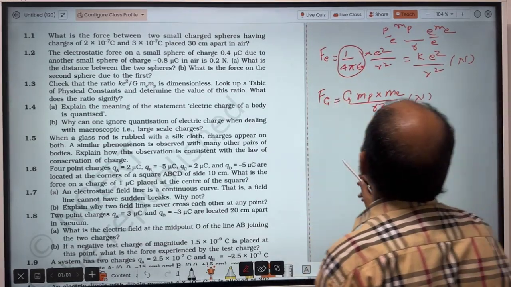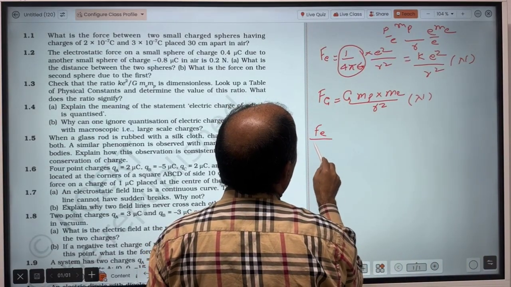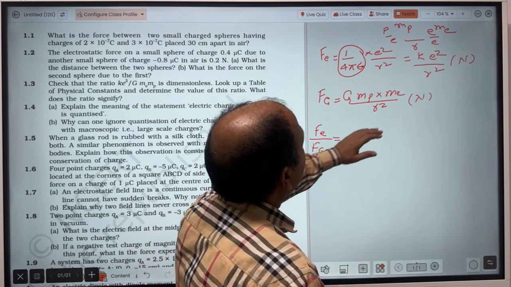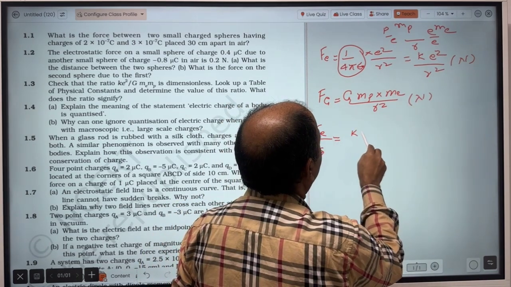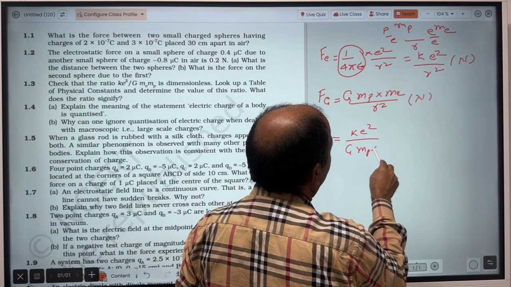Now let's divide the two. So Fe divided by Fg will be equal to, r squared will get cancelled, and we will get K e squared divided by G times mp into me.